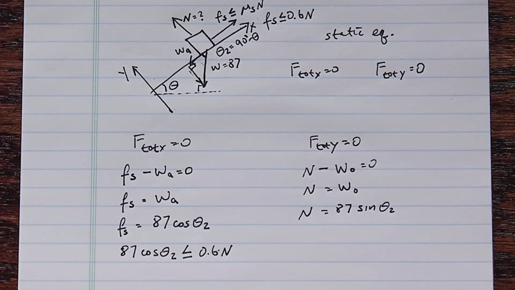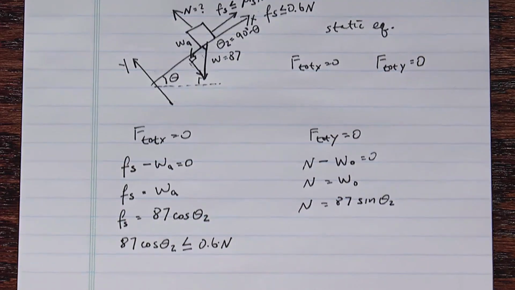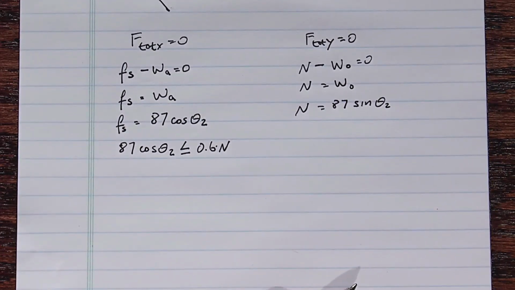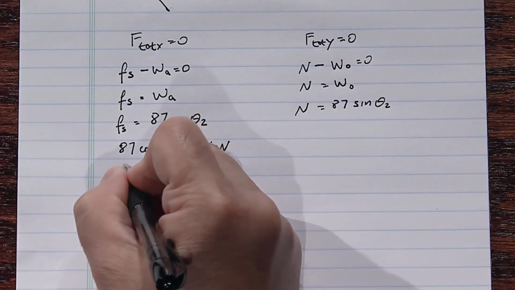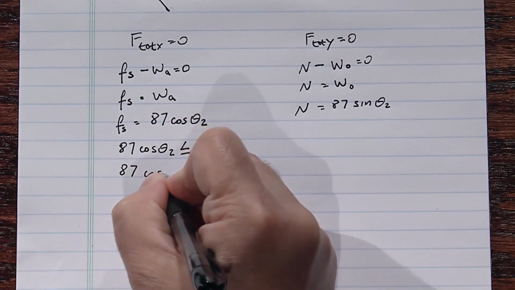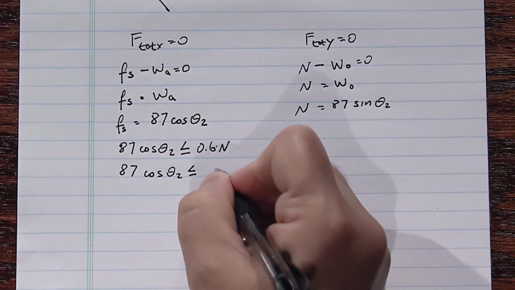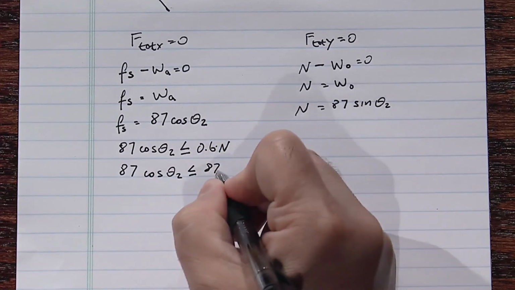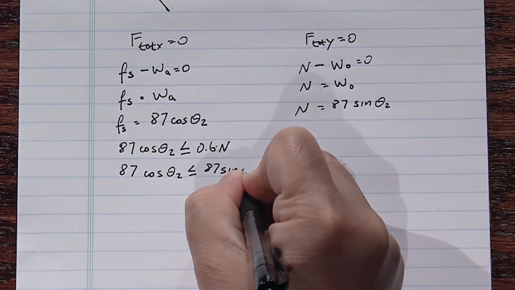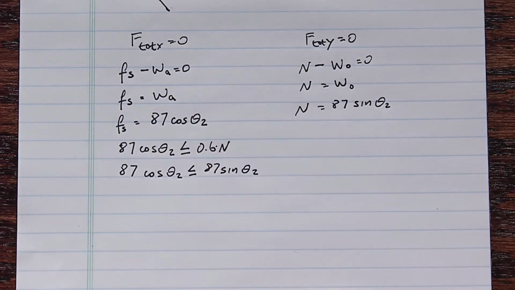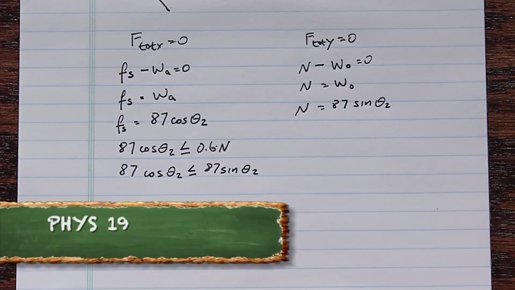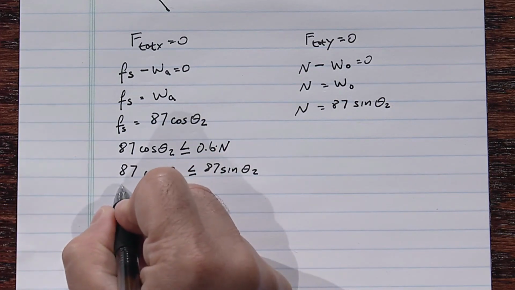What can we do with that? Well, we can take normal force and put it into this, well, now it's not an equation, it's an inequality. And so we have 87 cosine of theta 2 must be less than or equal to 0.6 times 87 sine of theta 2. Wow, what can we do with that? Well, I'm going to divide both sides by 87 cosine of theta 2.